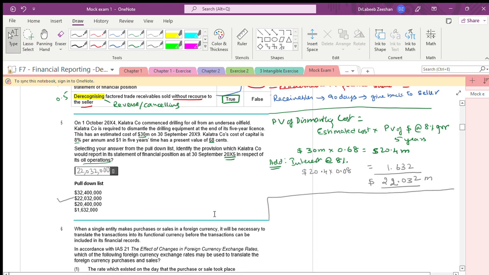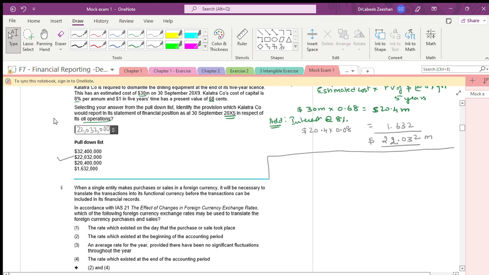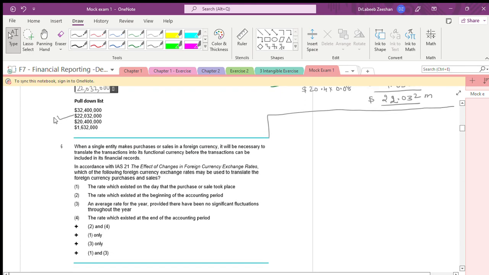Is it okay? Yes. When a single entity makes purchases or sales in foreign currency, it will be necessary to translate the transaction into a functional currency before the transaction can be included in the financial statements.